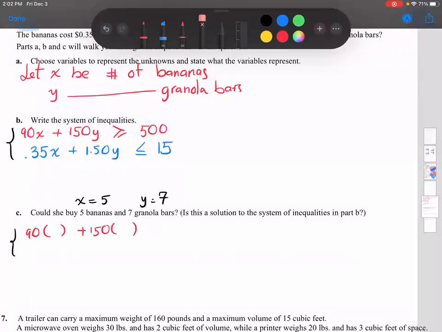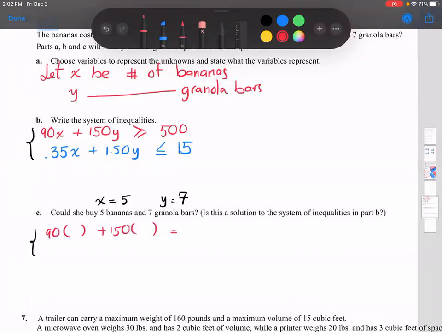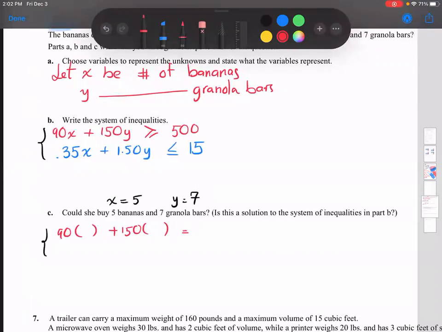Let's see what it equals. I want to know what it's equal to before I compare with the 500. Plugging in X is 5, Y is 7. What did you get? 90 times 5 plus 150 times 7.